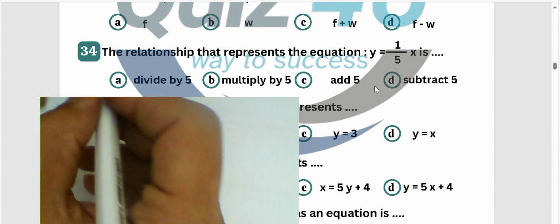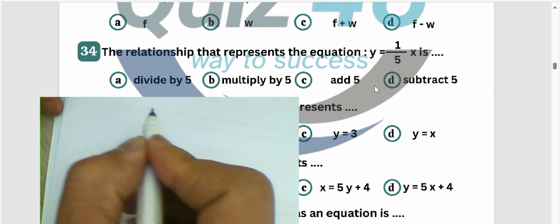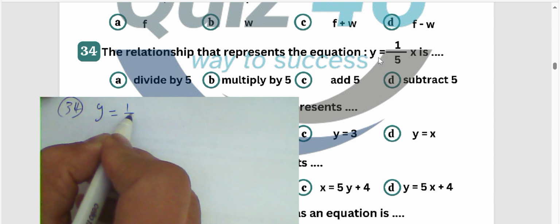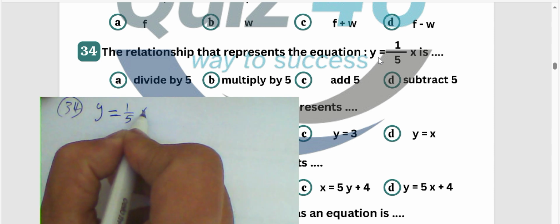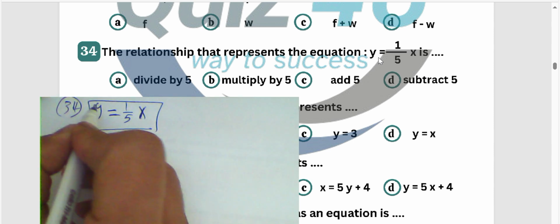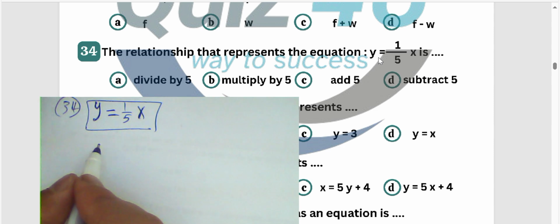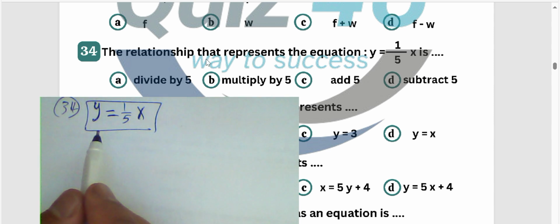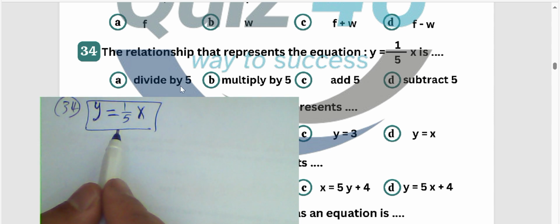Number 34. The relationship that represents the equation y equals x over 5. He asked about what? Whether it is divided by 5, multiplied by 5, add 5, or subtraction.